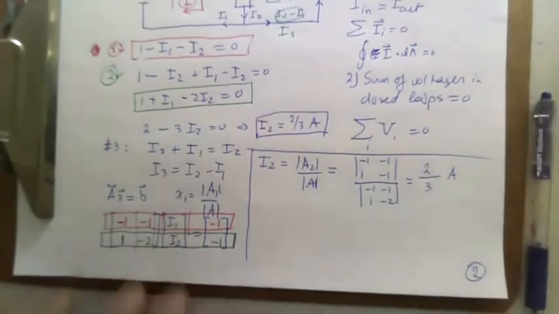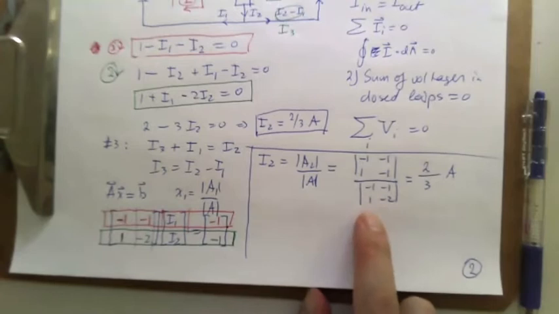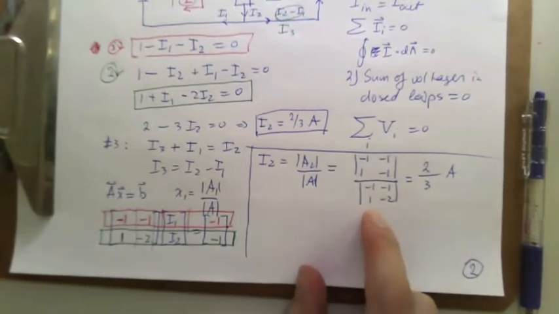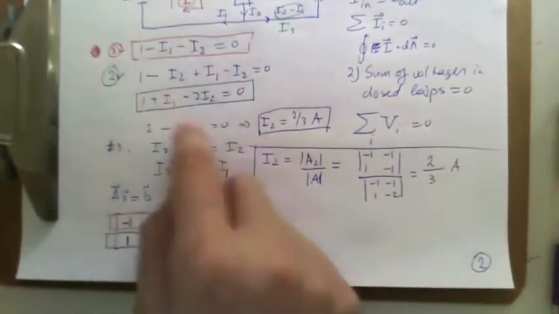Done. So I made this comment before, but I'm going to do it again. Cramer's rule is really useful, because it's the hardcore way to give you a solution if you don't like manipulating equations this way.